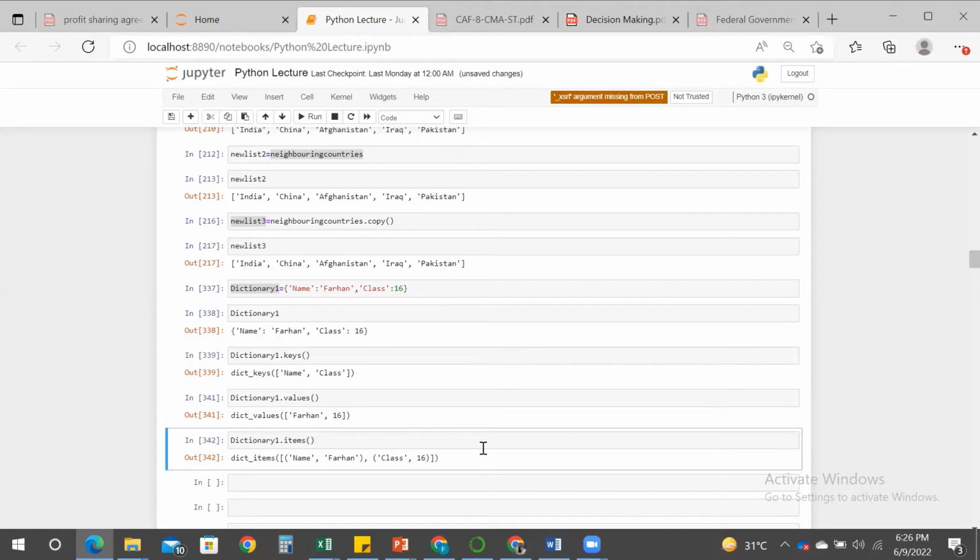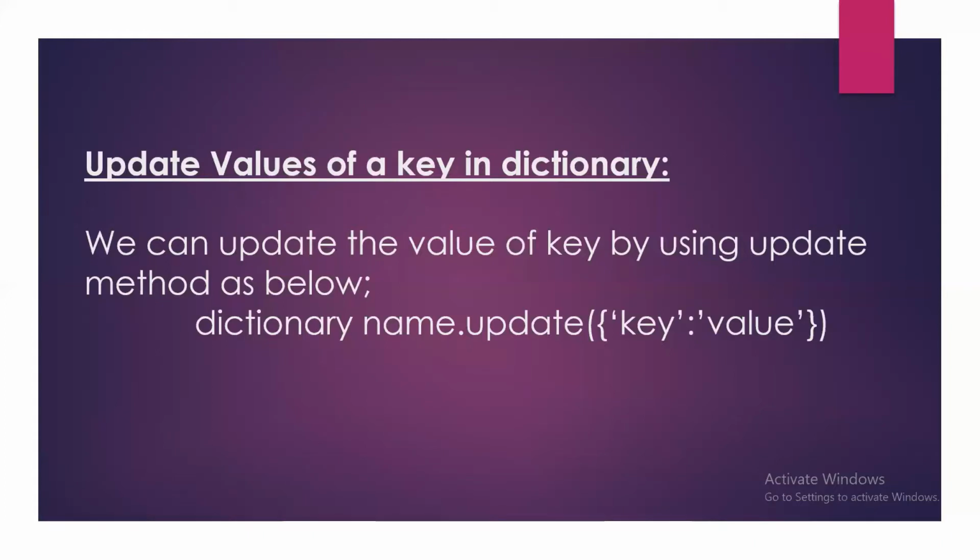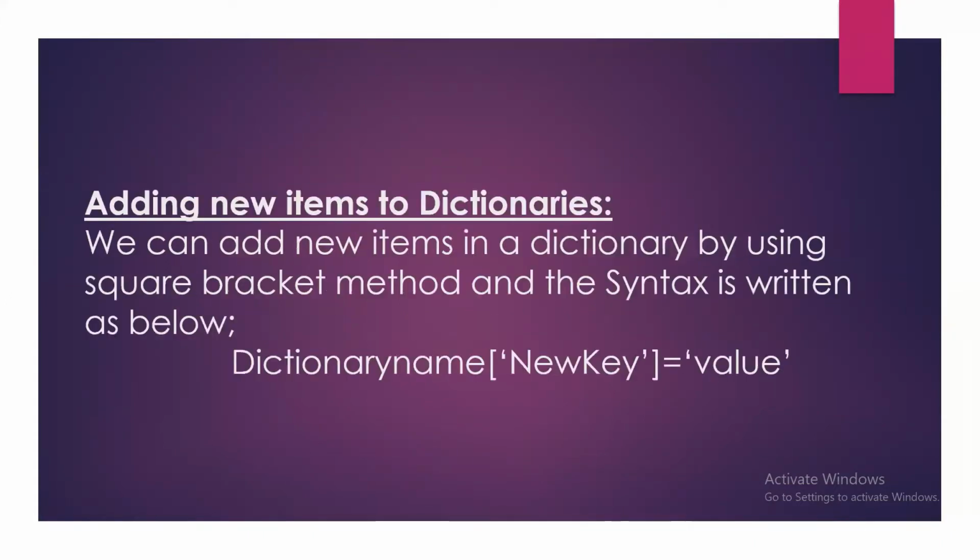Now, let's see how we can update or add new elements in a dictionary. To add a new element, we use key equals to value.